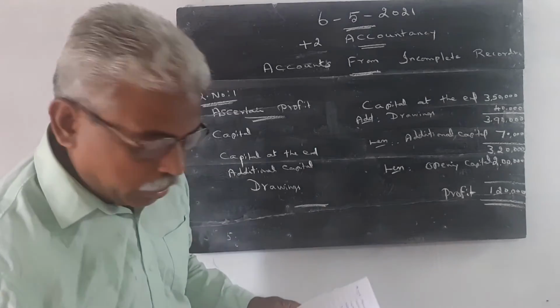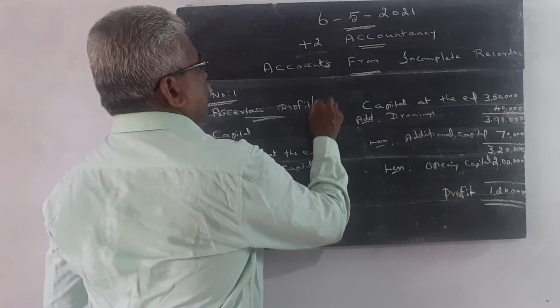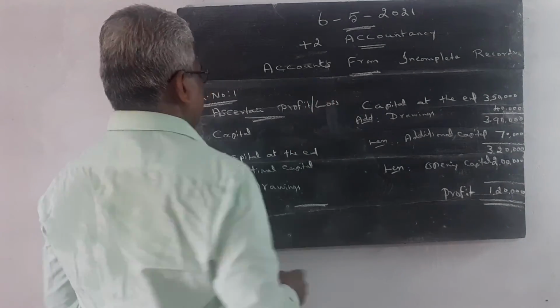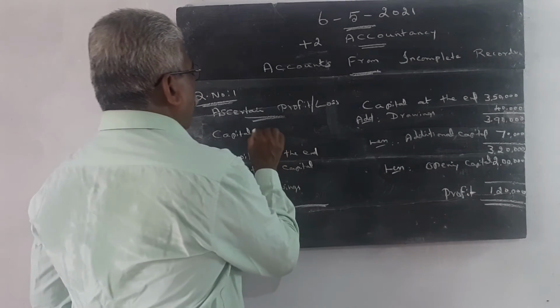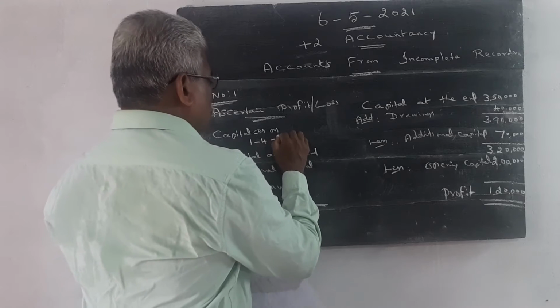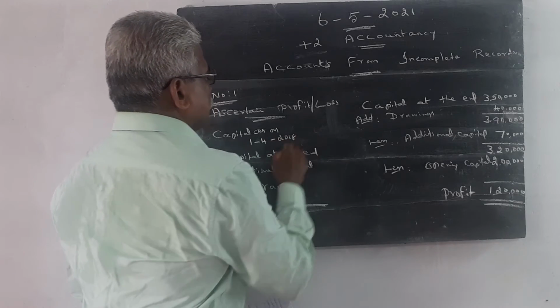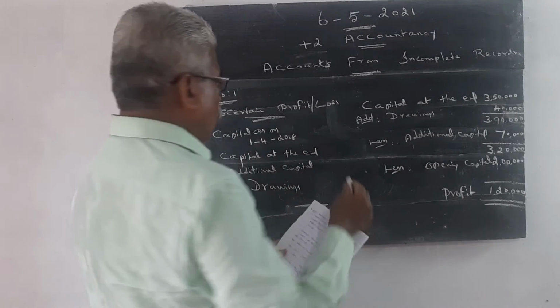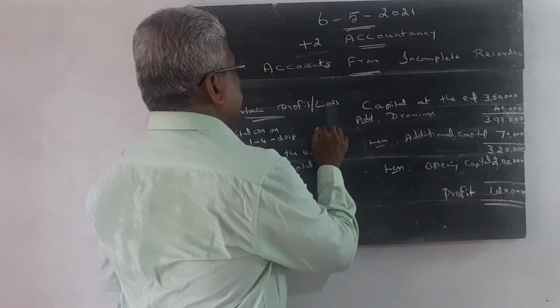Ascertain profit or loss. In this question, capital as on 1/4/2018. Here the date is given, so it is an opening capital, 1,60,000.